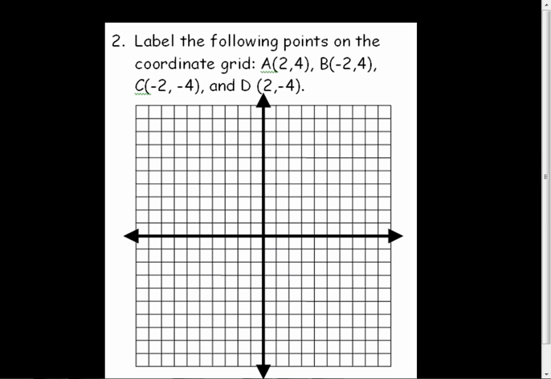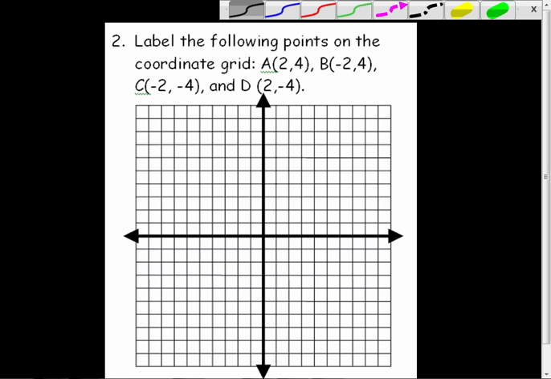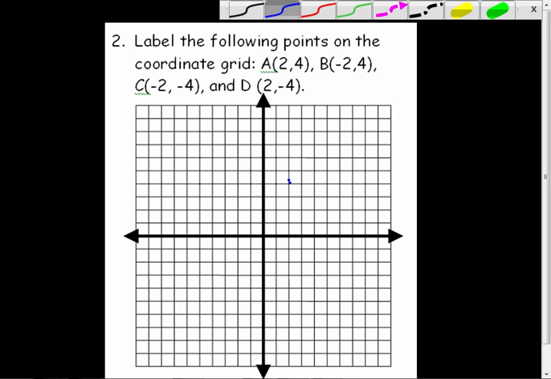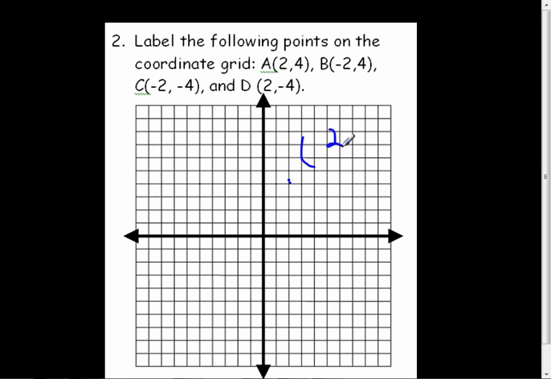Okay, there's a job for you to do. Label the following points on the grid. And if you want to do it on here, you can. So A is at (2, 4). Can I do that? This is not easy on here.